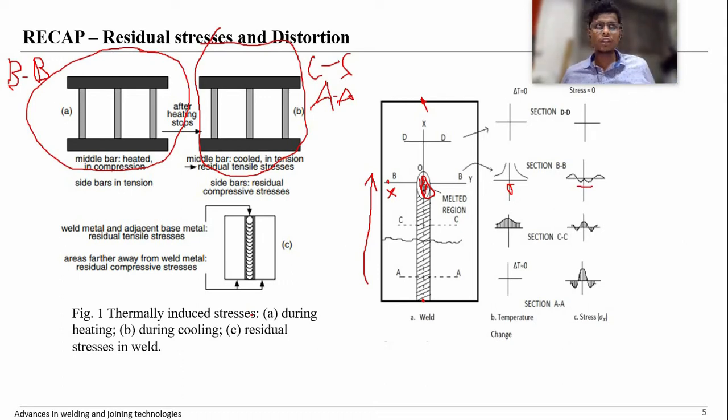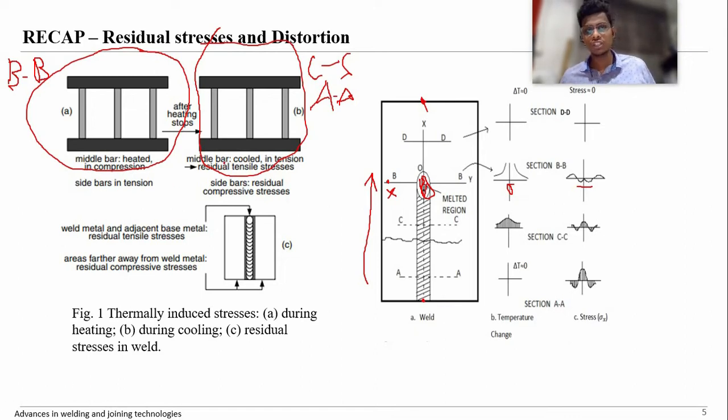In general, during welding there will be clamping forces. Clamping forces are applied and the welding is carried out. Once the clamps are removed, there will be a redistribution of the stresses. Due to this redistribution, if at any point the residual stresses cross the yield point, then deformation will happen at those points.